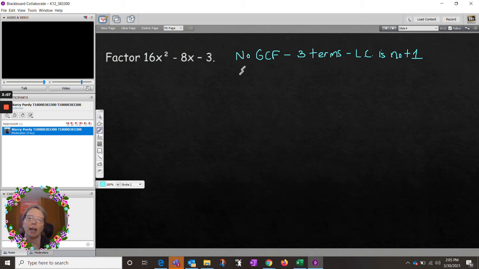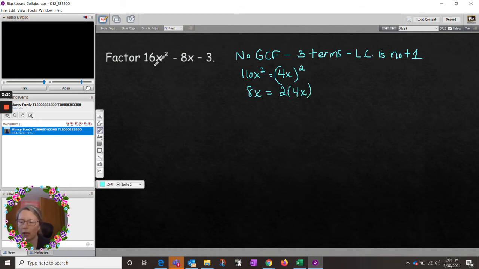So 16x squared is a perfect square of 4x quantity squared. And then you can write the linear term as a product of the perfect square factor in another number. So you can write 8x as 2 times 4x.